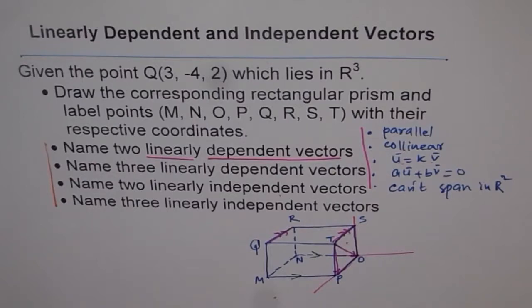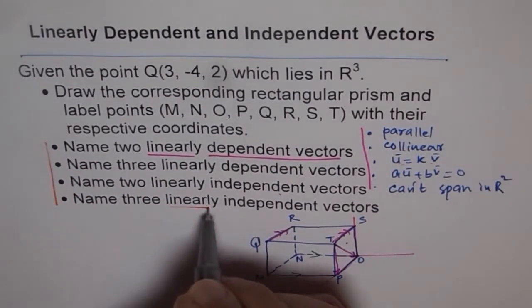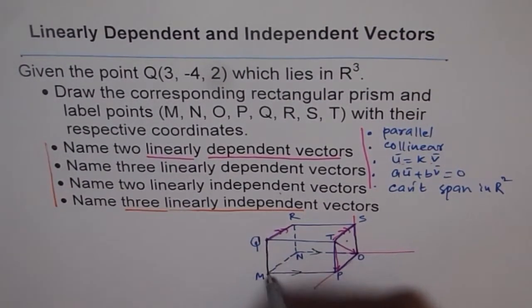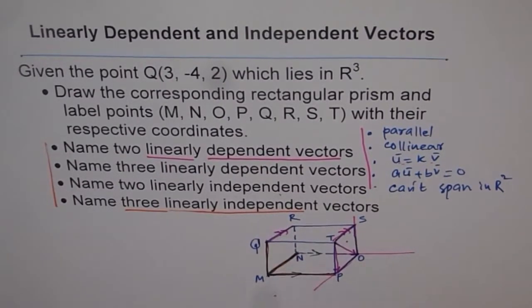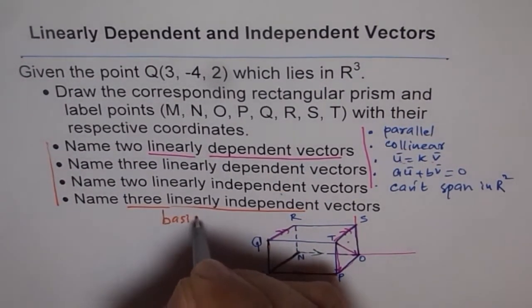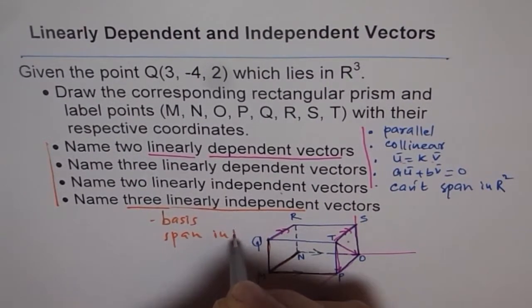But if I am saying three linearly independent, let's talk about three linearly independent vectors. That could be something like this. These are not in the same plane. Now these three, which are independent, can form a basis, or they can span R3.